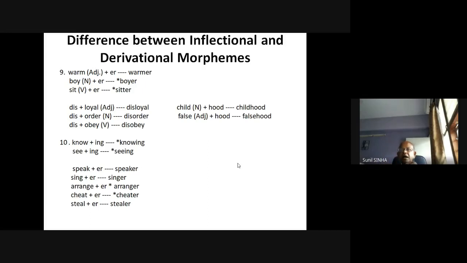Young, younger; high, higher; tall, taller. Now that ER which is added to an adjective is an inflectional morpheme, whereas this ER which can be added to speak, a verb, is a derivational morpheme. So there are two ER. One ER which is added to an adjective is an inflectional morpheme, and another ER which can be added to a verb is a derivational morpheme.